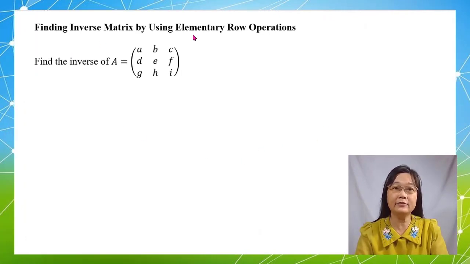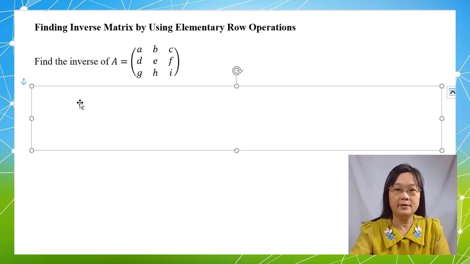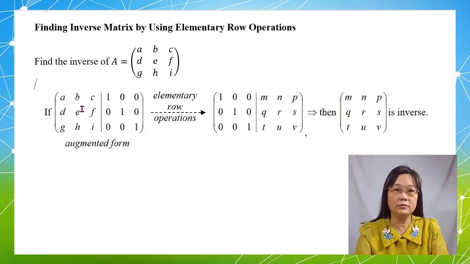These elementary row operations can be used to find the inverse of a 3 by 3 matrix. To do this, first we need to write the matrix together with the identity matrix side by side, and in between it is separated by using a straight line.